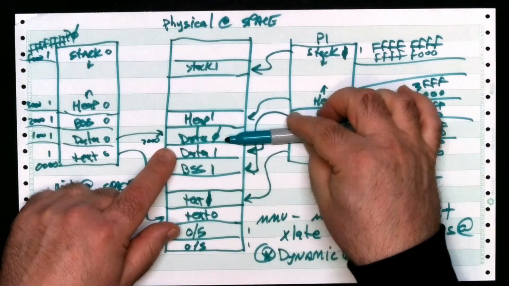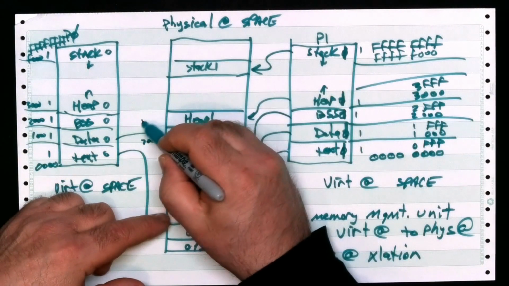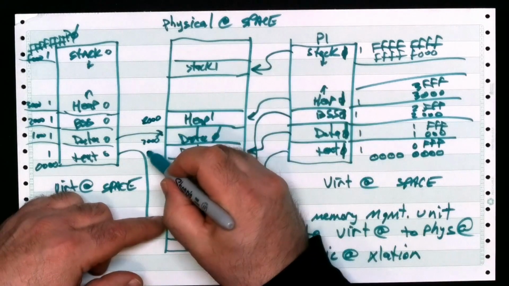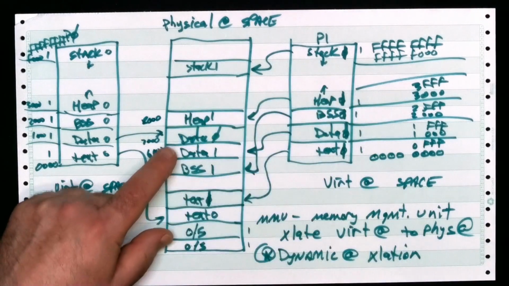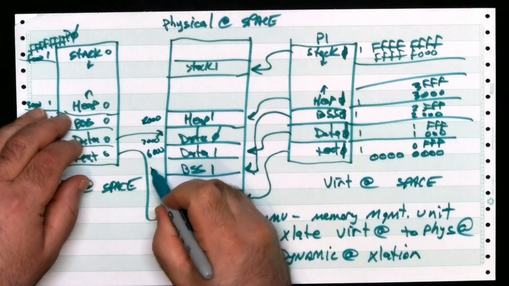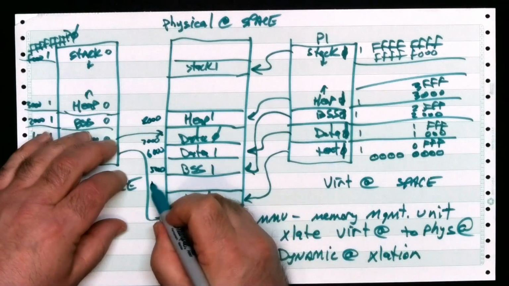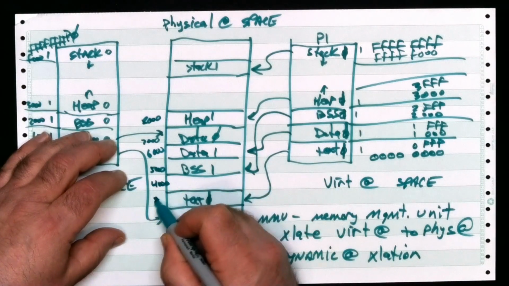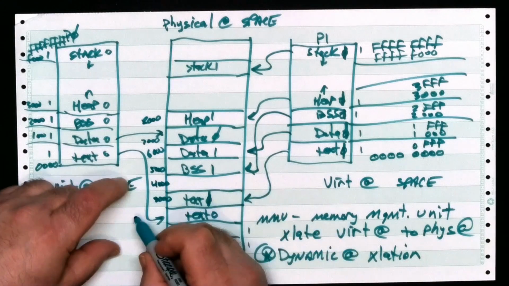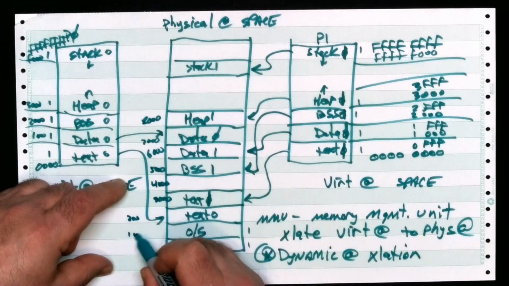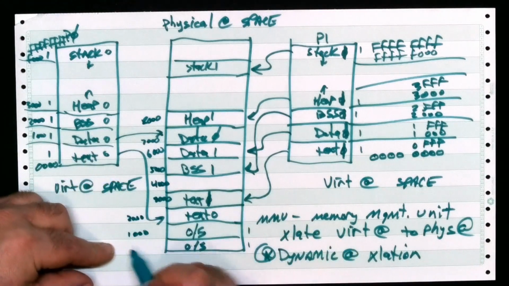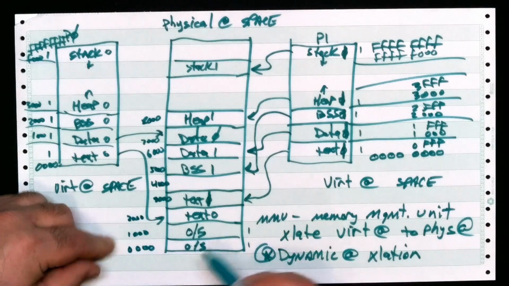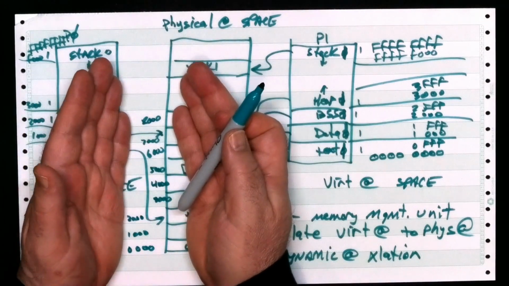This heap one here would be at 8000, right? This would be 6000. Each one of these is a 4K page. 5000, 4000, 3000. Hopefully I counted it out right. 2000, 1000. I missed one of them. And 0000. All right. These are the physical page addresses.